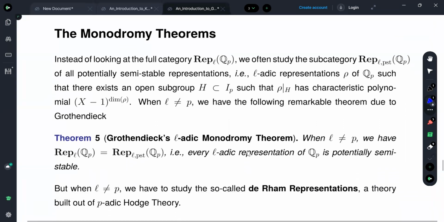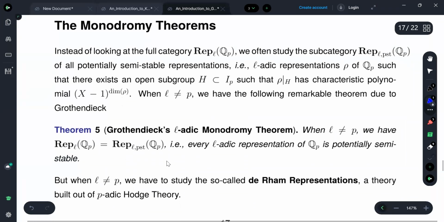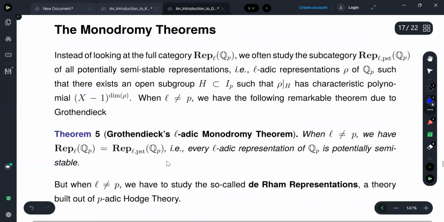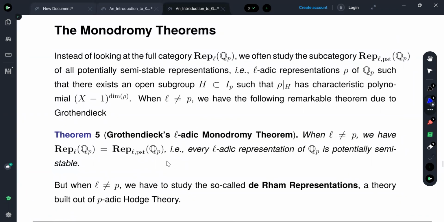Yeah, so here are two monodromy theorems, and I don't know the proofs, but I am just stating them because almost every standard book on p-adic representations states these two monodromy theorems, which show you the difference between l-adic and p-adic representations.